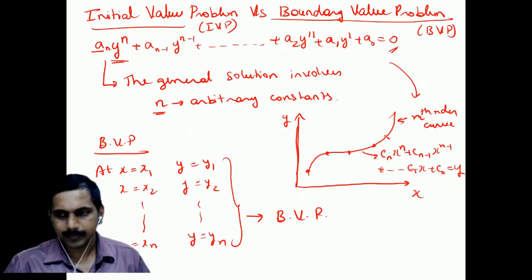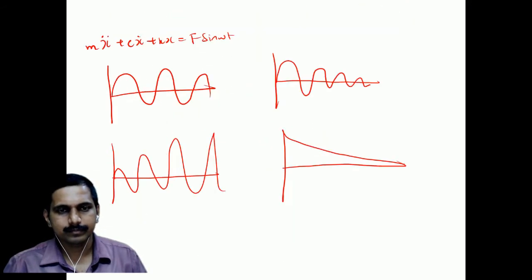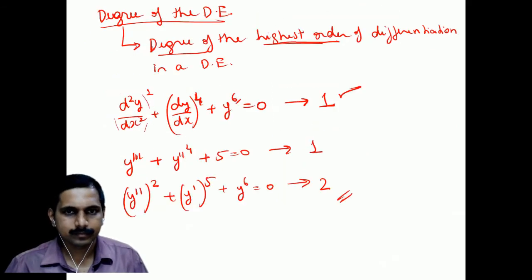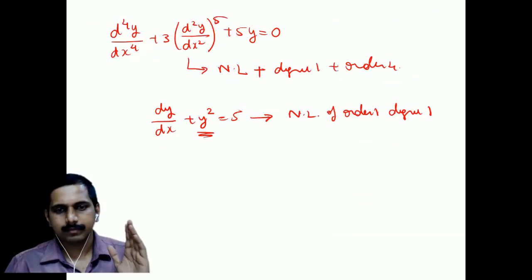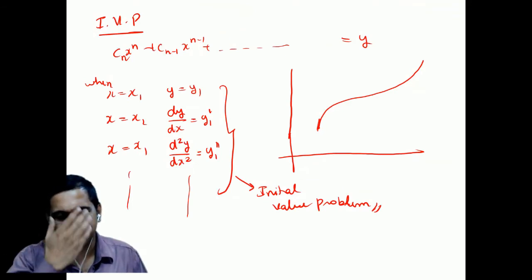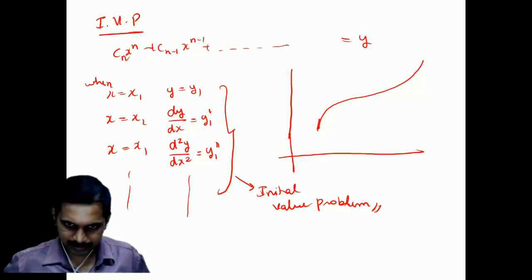Done? Are you clear with that? Okay. Can I go forward, students? Is it clear? I want a response, students, because my class is good on response only. Yes, yes. Clear, no? Fine.